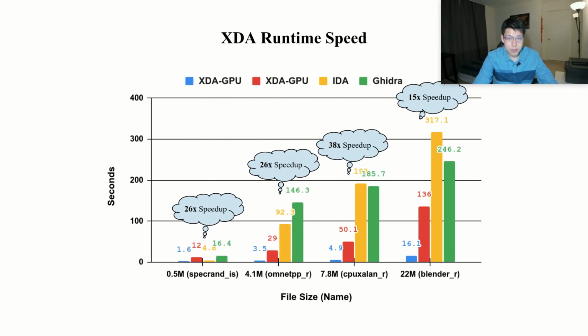We evaluate XDA's inference time on both GPU and CPU and compare it with IDA and Ghidra, two non-ML based tools. We observe that XDA running on GPU is up to 38 times faster than IDA and Ghidra.